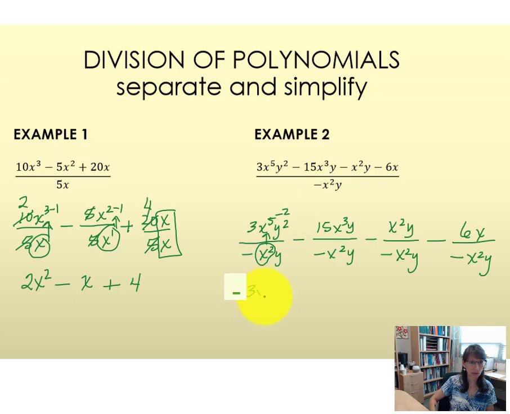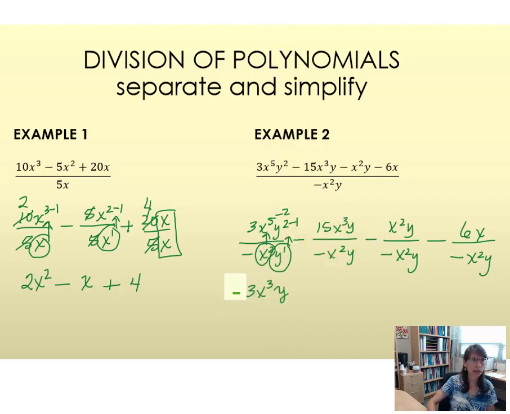So far we have 3x cubed. Base of y to the 1 compared with base of y squared. 1 is smaller, so this base shifts up, and we'll be subtracting that exponent of 1. So that leaves y. So we don't have a fraction remaining for that first piece.